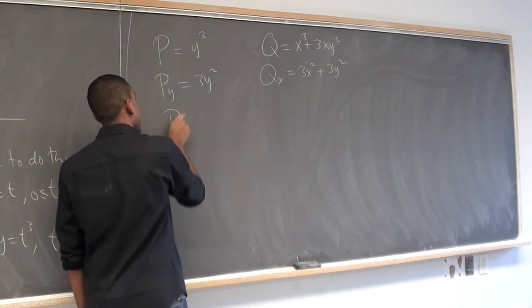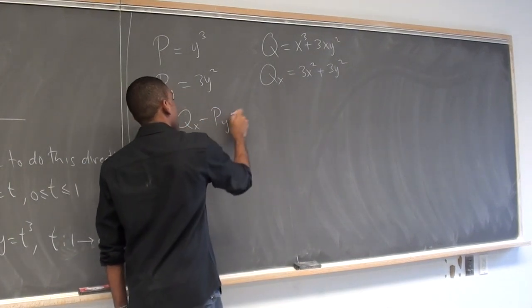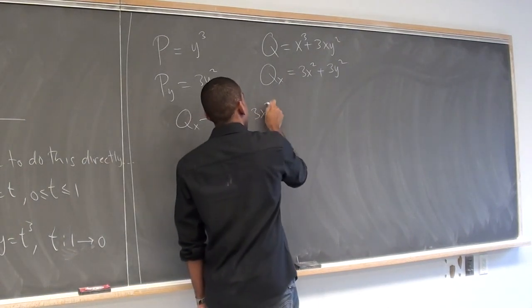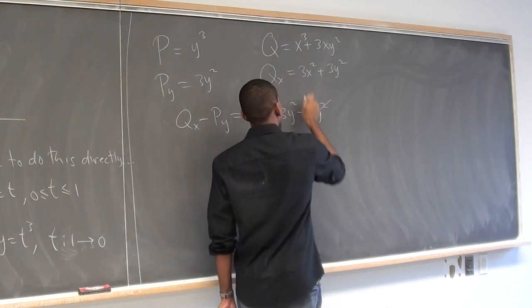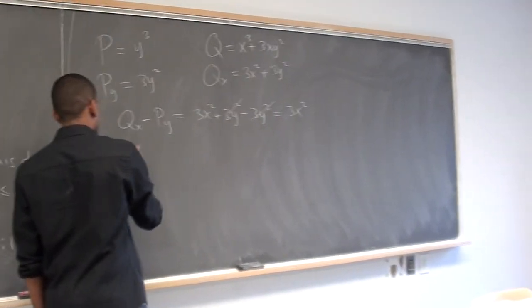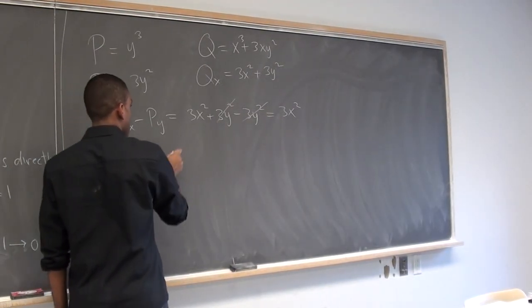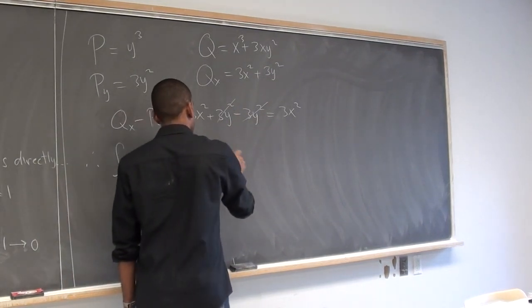Okay. So if you take Q_x minus P_y, you would get 3x squared plus 3y squared minus 3y squared, which is just 3x squared. Therefore, the line integral along C is just going to be the double integral over D of 3x squared dA, right?